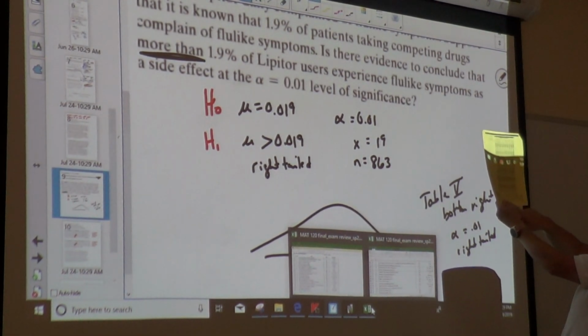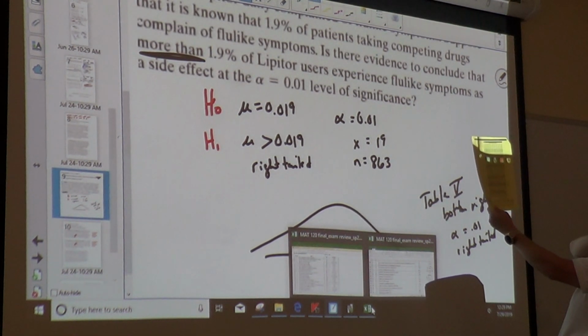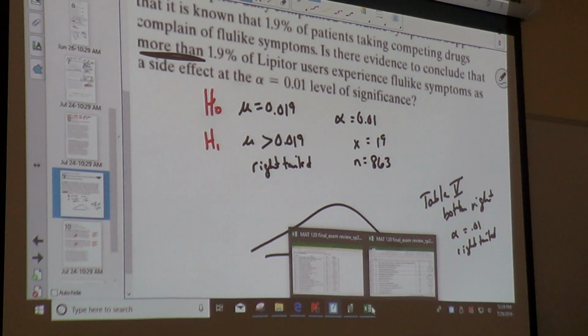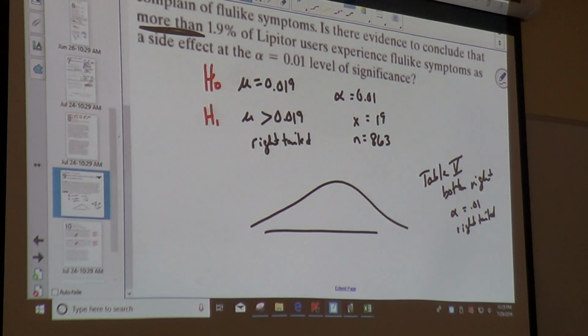We have an alpha of 0.01 and it is right-tailed. What number am I going to use? 2.33. So the number that I got off that sheet is 2.33. So that means that's like my data point.